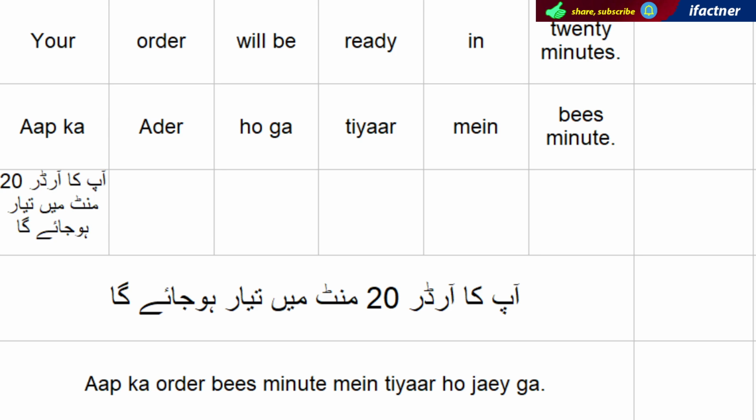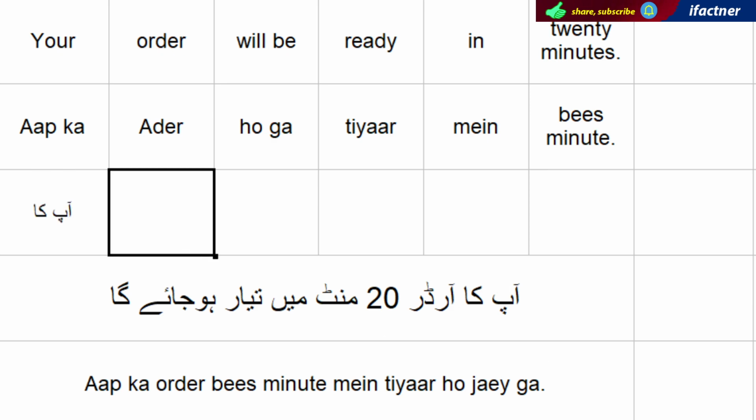Then we have order. Order is alif mad a, re, dal, re. Order. Hoga is he, vav, ho, gaf, alif, ga. Hoga.